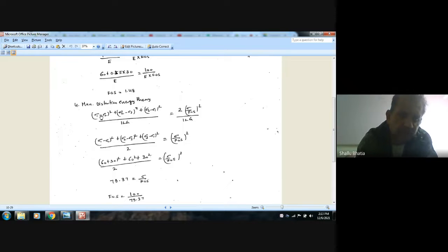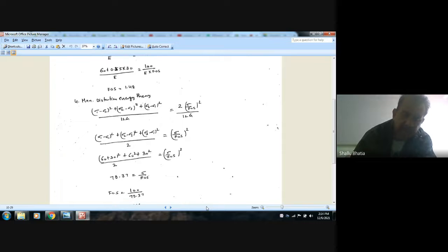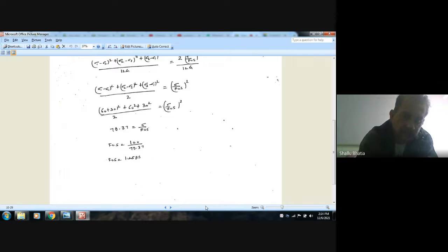We put sigma 1 equal to sigma by FOS. This is the maximum energy stored in the working specimen, and this is the allowable distortion energy. From this we can calculate sigma and then FOS, which is 1700 by 78.37, that is 1.252999.